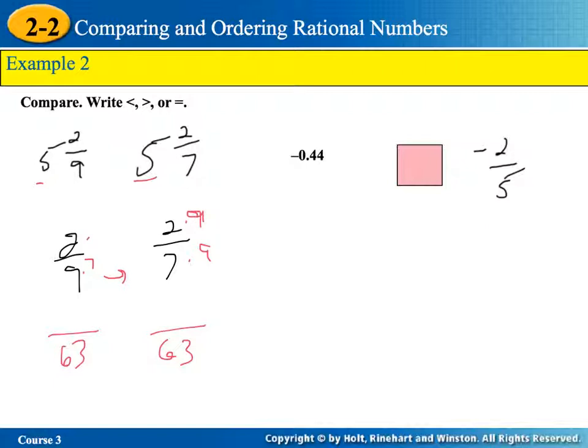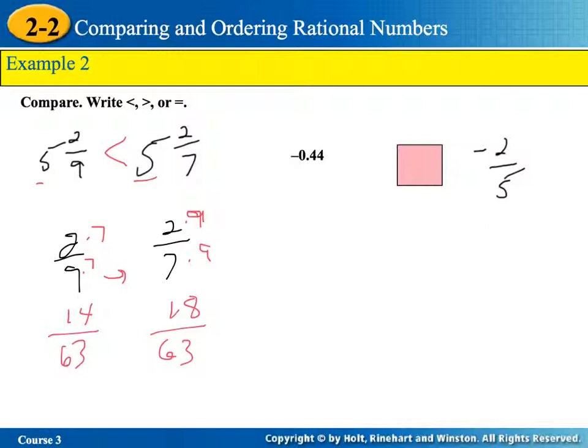Remember, we are not finding this in simplest form. All we are doing is finding which one's bigger. So 2 times 7, 14, 2 times 9, 18. Since 18 is larger than 14, 5 and 2/7 is larger. So 5 and 2/9 is less than 5 and 2/7.